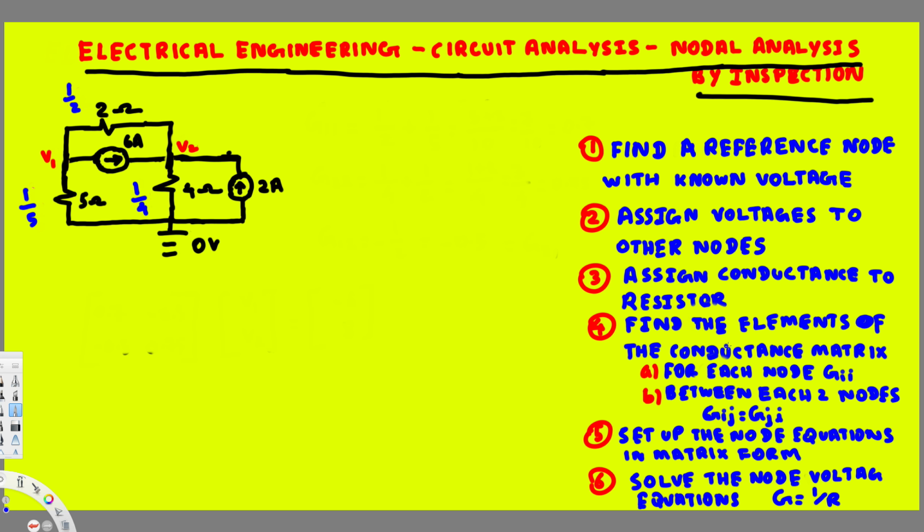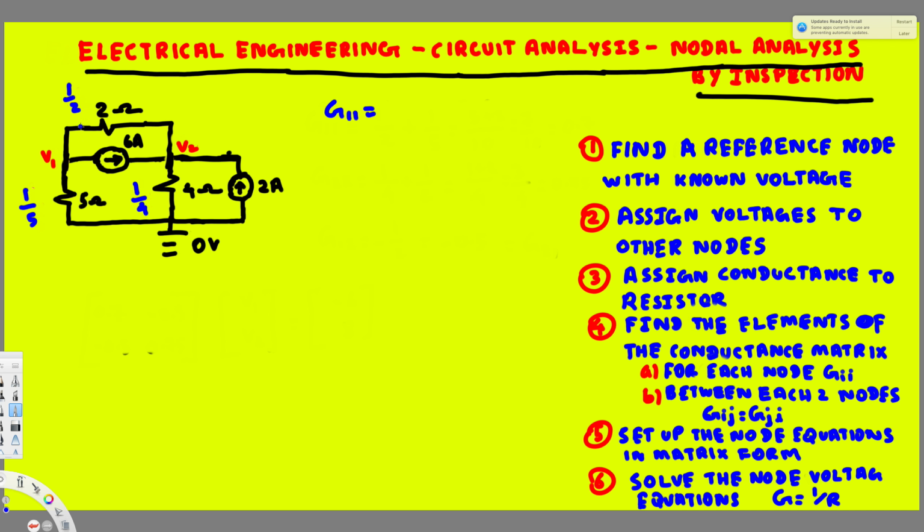The next step is find the elements of the conductance matrix for each node, G, whatever the matrix location is. For example, if you want to find G11, you have to look at the conductances that are connected with this voltage V1.